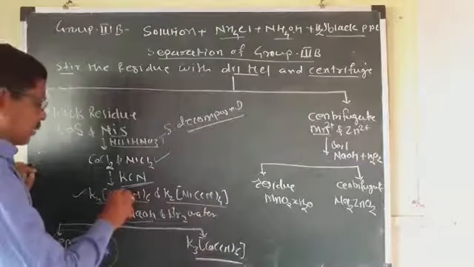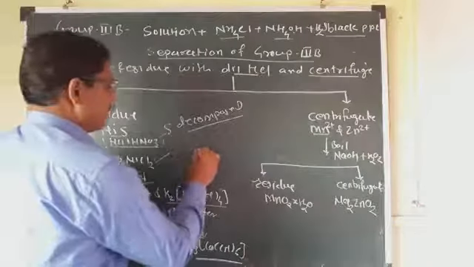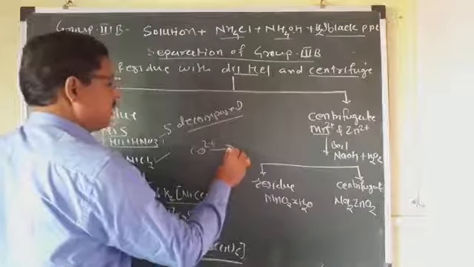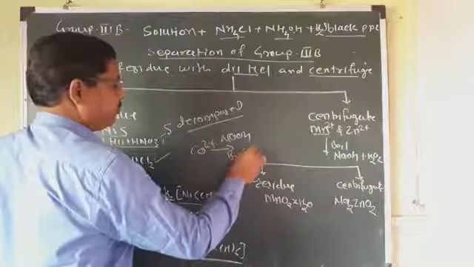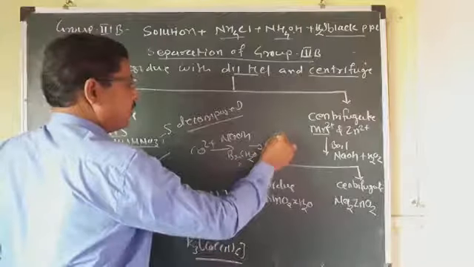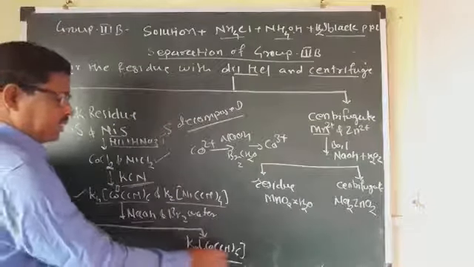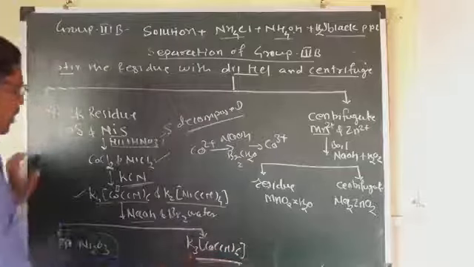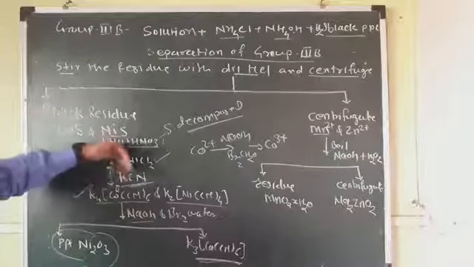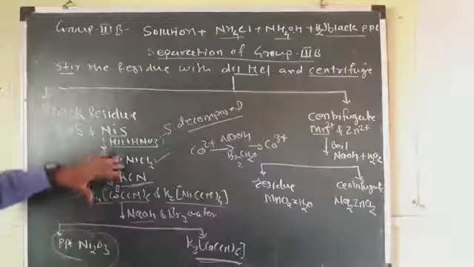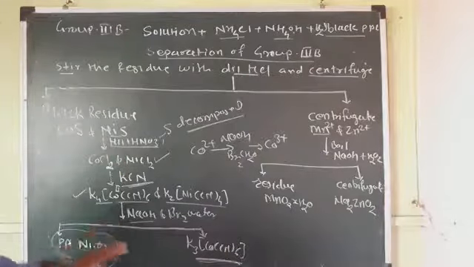Here the oxidation state of cobalt is +2; Co2+ is oxidized to Co3+, forming the complex K3[Co(CN)6]. In this way cobalt and nickel are separated. This is a very simple method for the separation of cobalt and nickel.